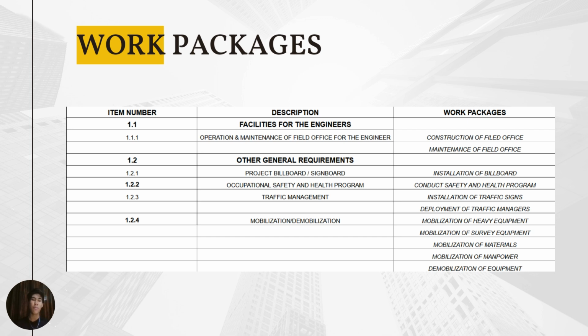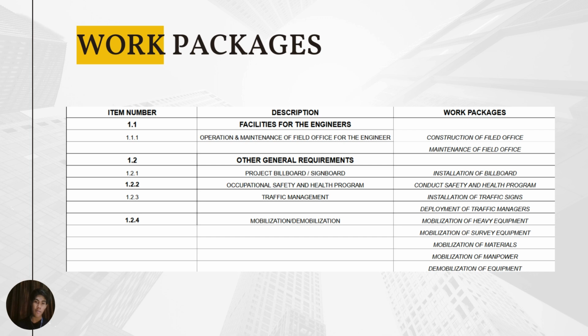Next, for the work packages, we have here item 1.1, facilities for the engineers. This contains the operation and maintenance of field office for the engineer. The work package under this is construction and maintenance of the field office.